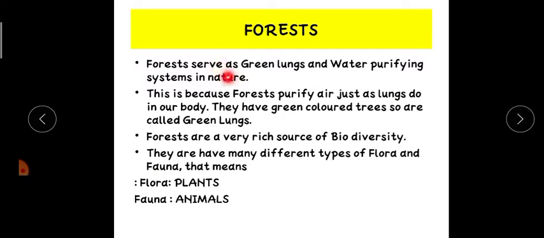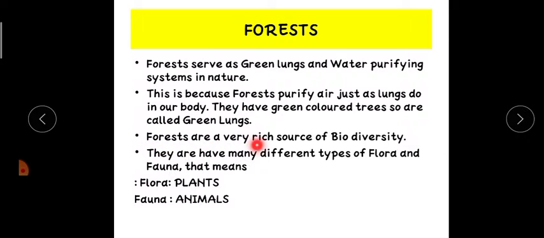Similarly, just as lungs purify the air in our body, forests purify the air of the entire world. So they are known as green lungs. Also, forests act as a water purifying system in nature. We know that forests have green colored, big trees, so for this reason these are known as green lungs.